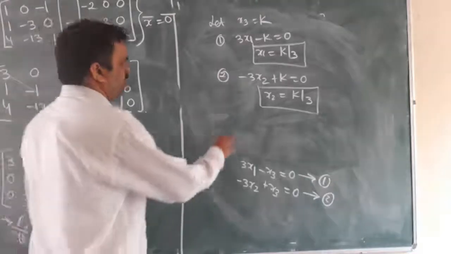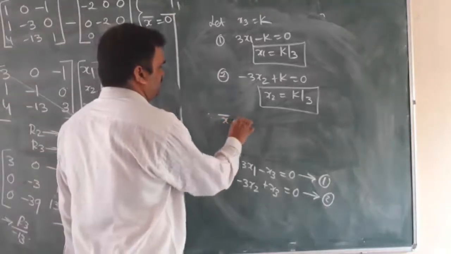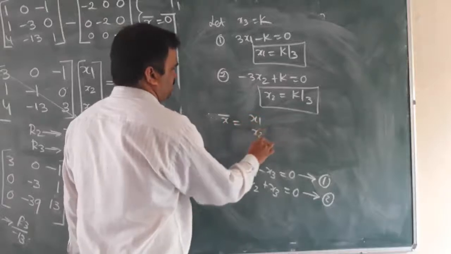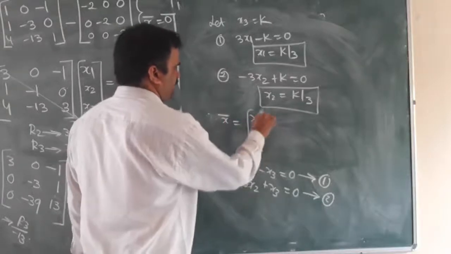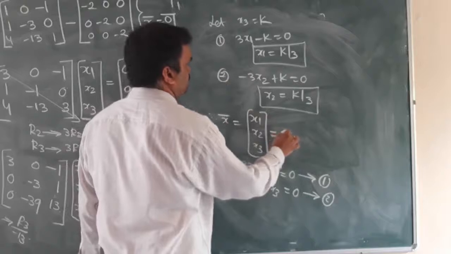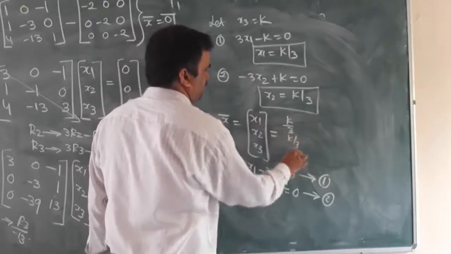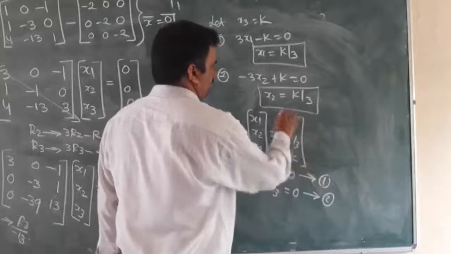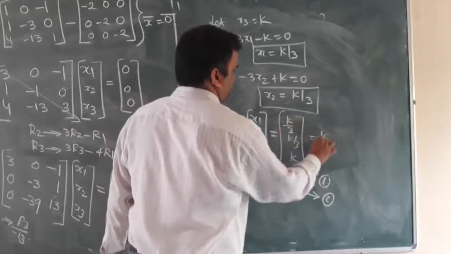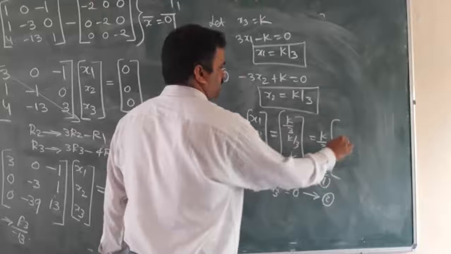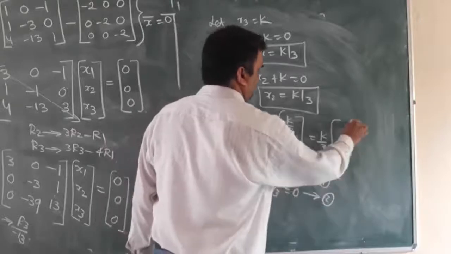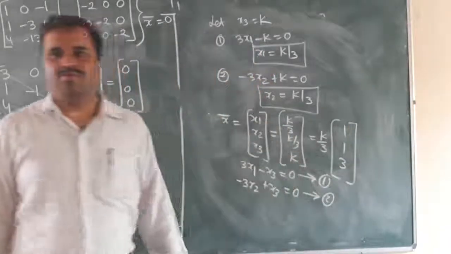Now write, therefore, x bar is equal to x1, x2, x3. Write the value of x1, k over 3, x2, k over 3, and x3 is k. You can take k by 3 as common. So simply we are getting 1, 1, 3.